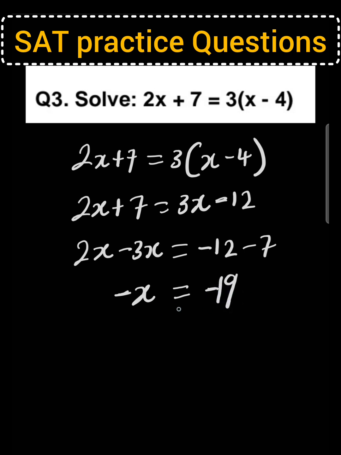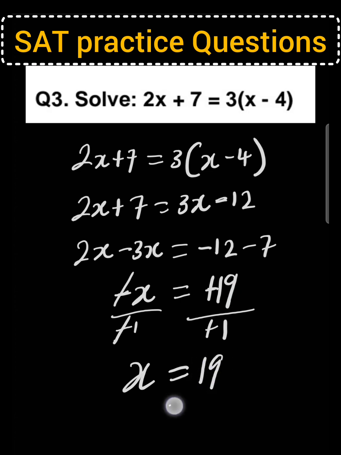So what do we do? To eliminate this negative, we need to divide both sides by negative 1. So this is going to be negative 1x over negative 1, so that this negative is going to cancel this negative. So x divided by 1 is the same as x, which is going to be equal to negative 19 over negative 1, where the negatives cancel. 19 divided by 1 is the same as 19. Therefore the value of x is 19.